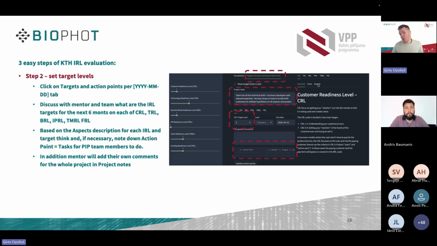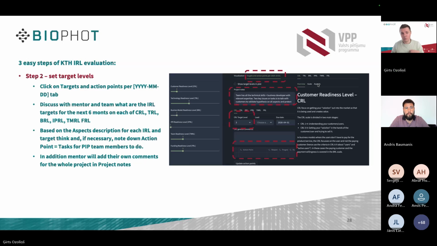But for those who don't have one, this is also an opportunity to learn and think about these aspects. In general, we will go through each of these readiness levels and agree with you as research teams which levels we will be progressing.